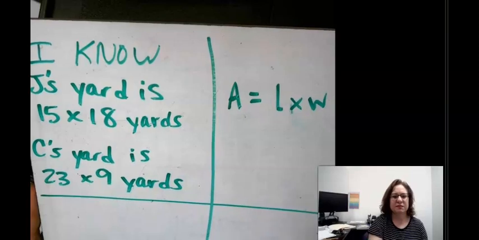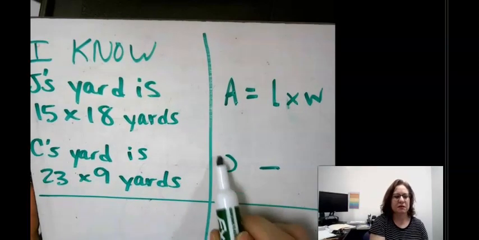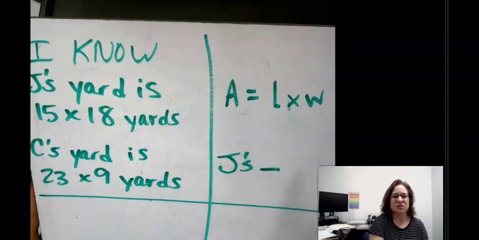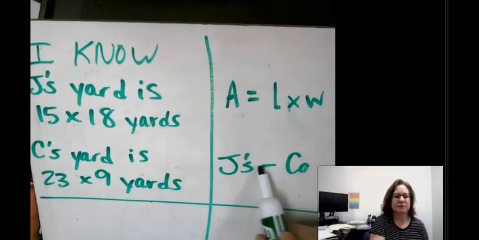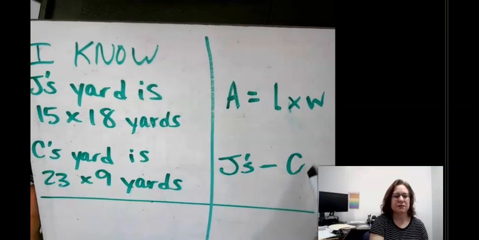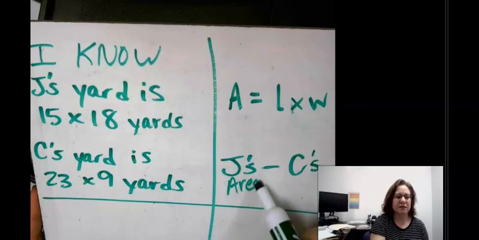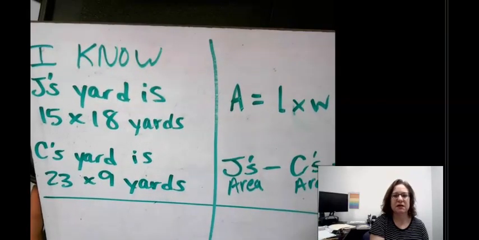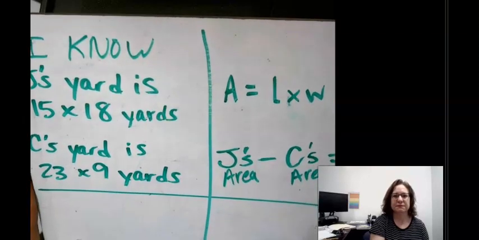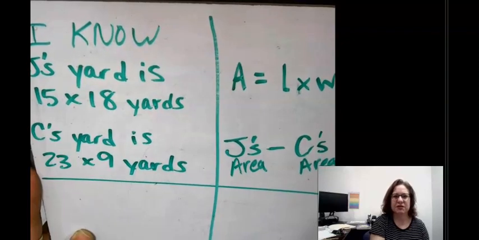So we are going to be finding the difference between Jasmine's yard and Carolyn's yard. So the area of Jasmine's minus the area of Carolyn's will give us the difference. All right, so let's go ahead and figure out the area of Jasmine's yard.